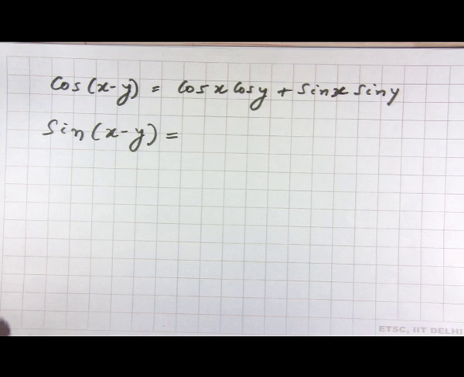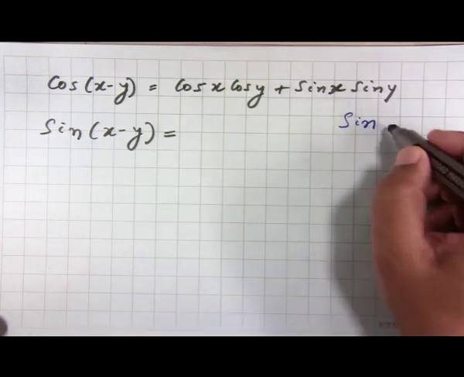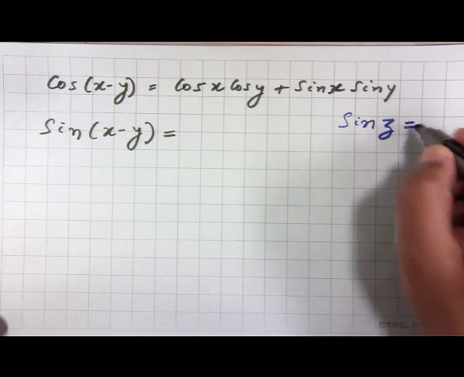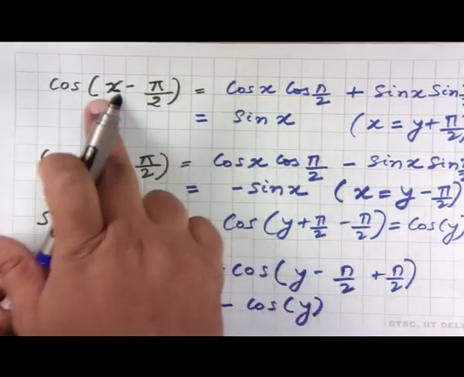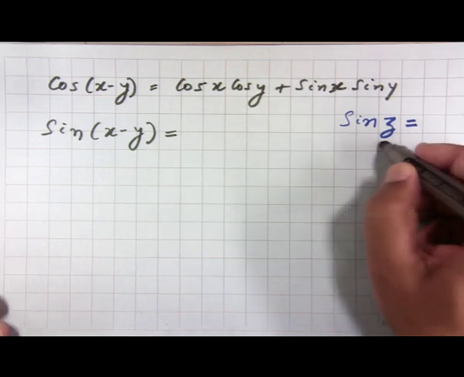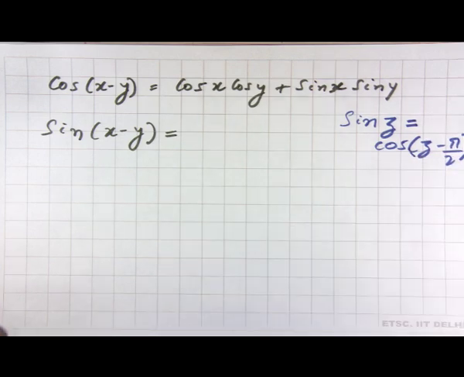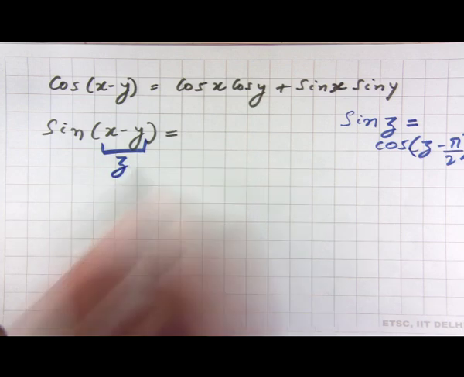For that, we will use the result on the previous page, where we had shown that for any angle z, sin of z equals cosine of z minus pi by 2.